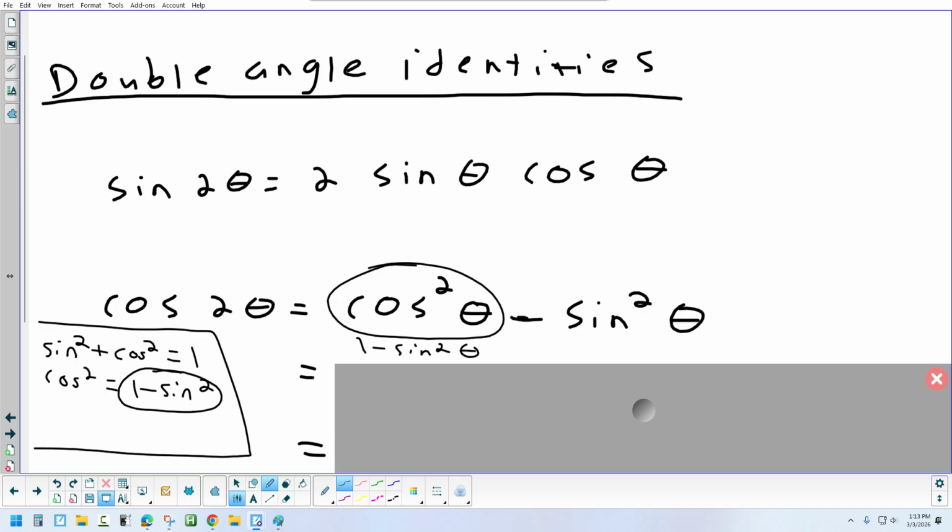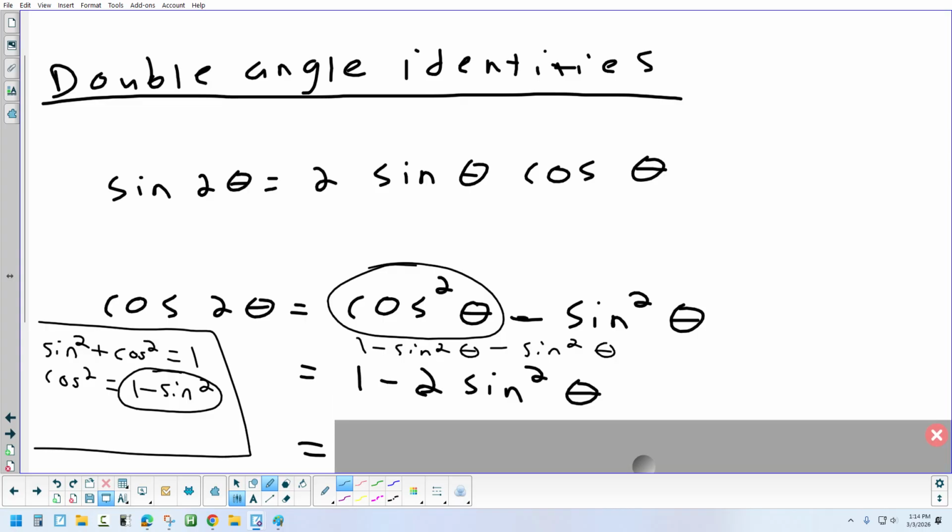I just changed that from cosine squared to that, minus sine squared. What would 1 minus sine squared minus sine squared be? Yep. 1 minus 2 sine squared. Yeah, exactly.